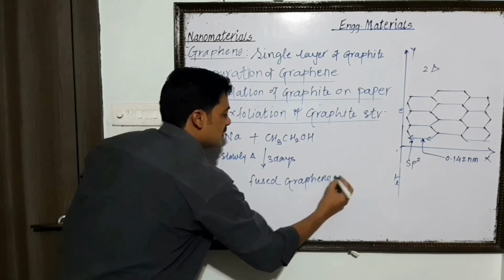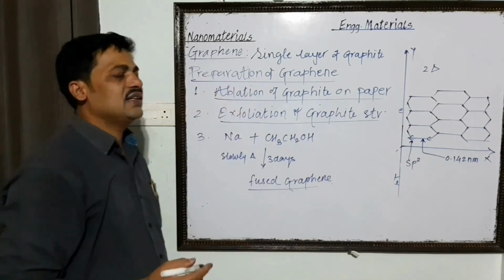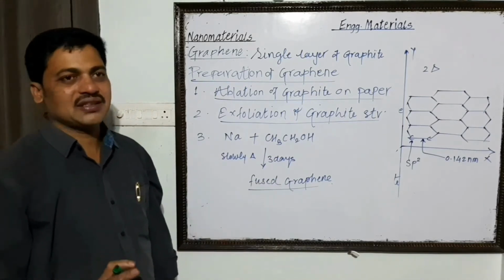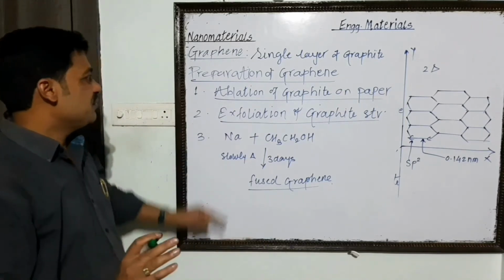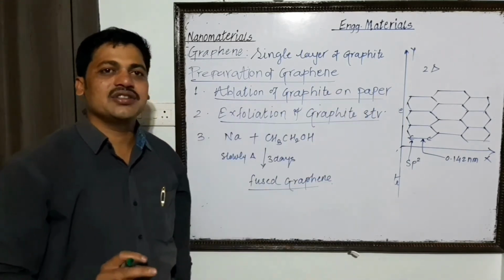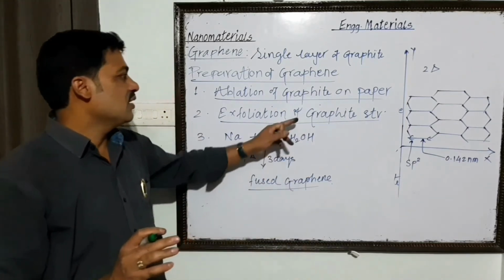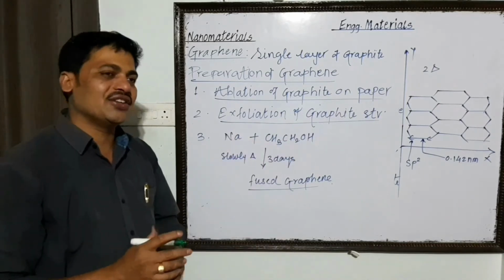After drying, we get that single layer of graphite, which we call graphene. These are the 3 important ways of preparing graphene: first, ablation of graphite on paper; second, exfoliation of graphite structure; and third, treating sodium with ethanol.